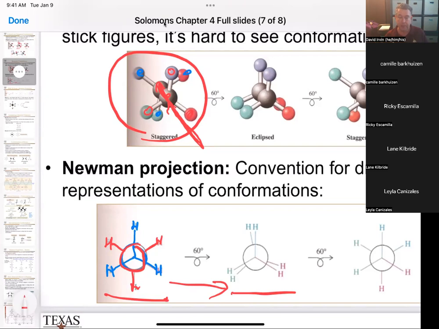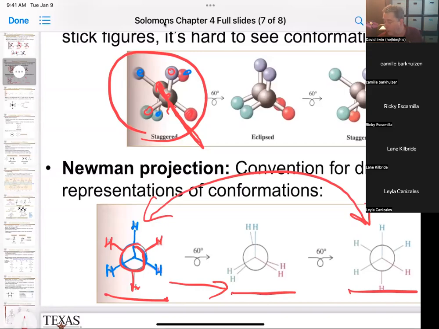Write that down: all 3 front hydrogens are overlapping all 3 back hydrogens in the eclipsed formation. Then all we have to do is turn it another 60 degrees and we'll get back to a staggered configuration. This has the same energy as the other staggered one because they are the same distance apart from each other.